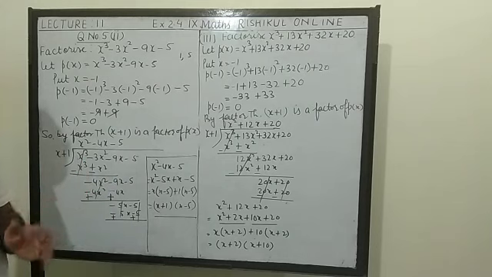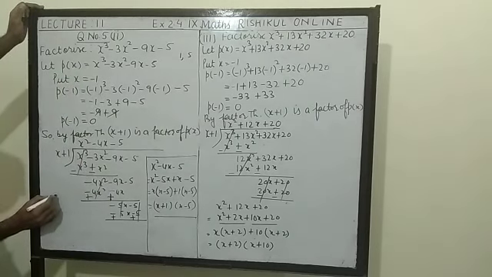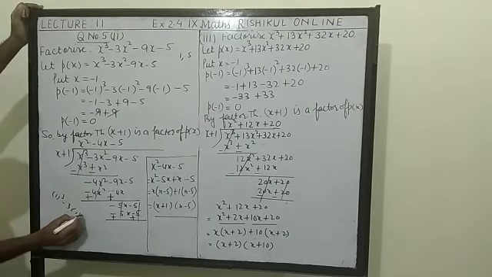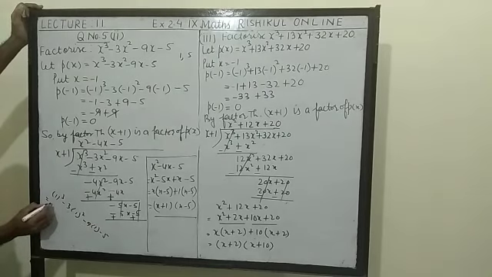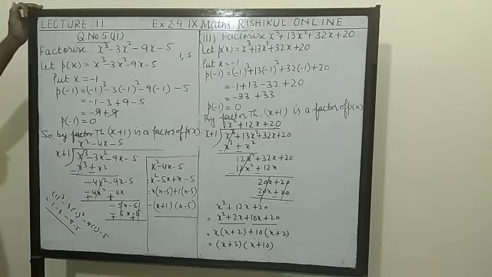You see very attentively. First you put 1, then you take 1 cube, minus 3 into 1 square, minus 9 into 1, minus 5. That is 1 minus 3 minus 9 minus 5, which is not equal to 0.